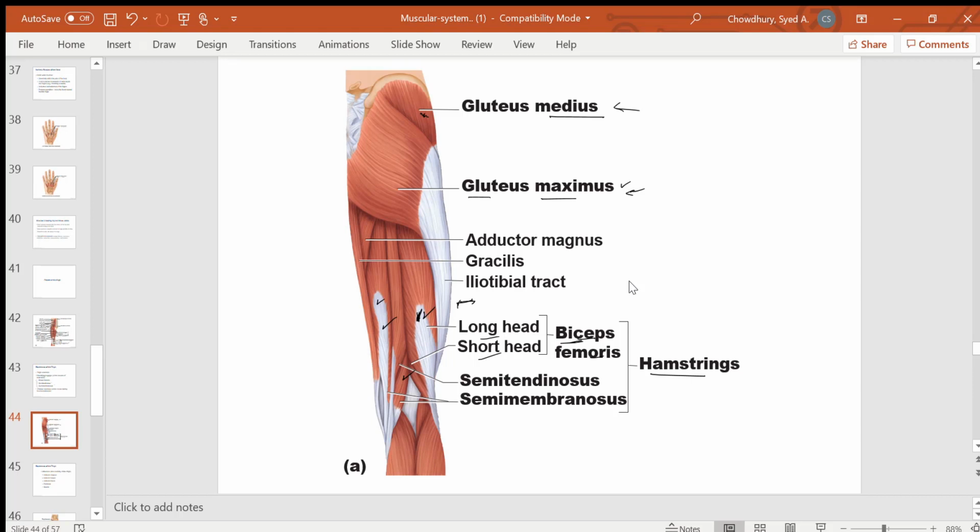Since they are in the back, they will cause the extension of the thigh. That means backward movement of the thigh, as well as you see the gluteus gets attached to the side of the thigh, so it will cause lateral rotation. Also gluteus goes to the medial side of the femur, so it causes a number of movements: extension of the thigh, lateral and medial rotation, as well as abduction of the thigh.